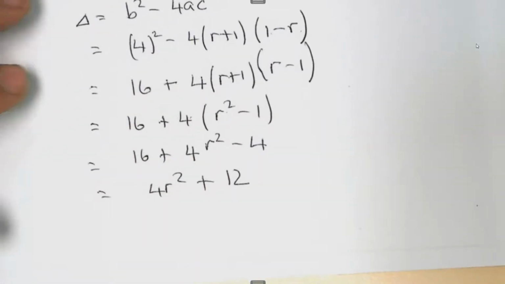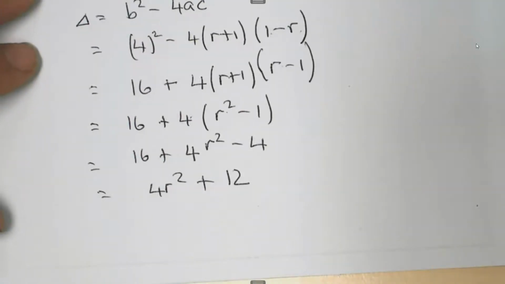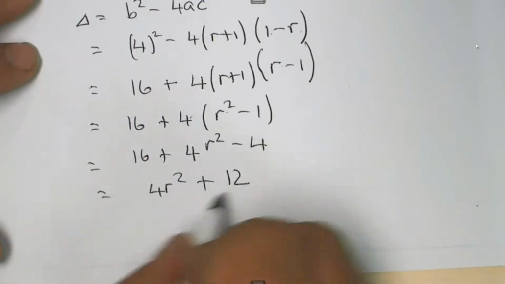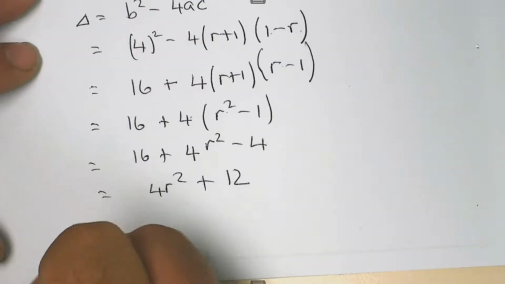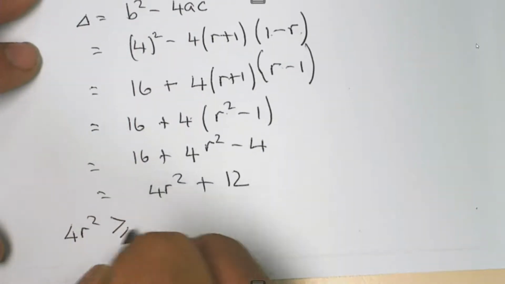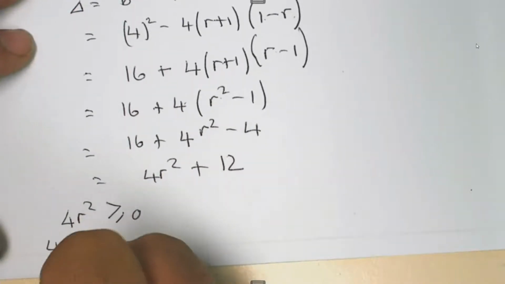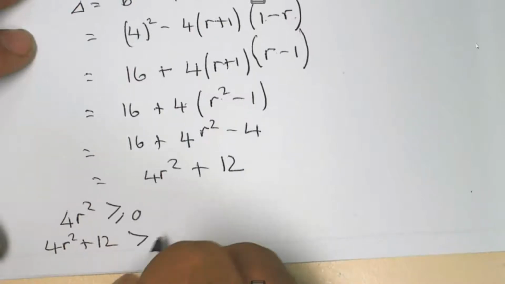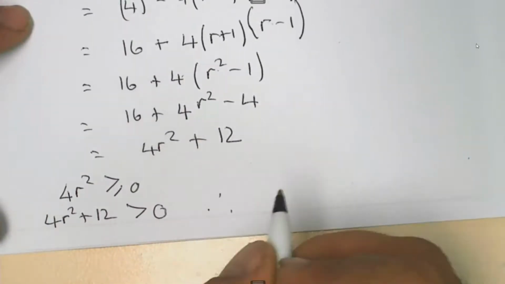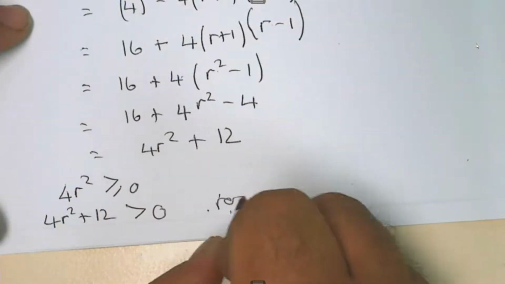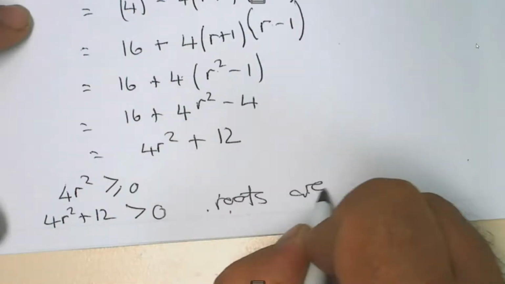Now, when will it be real? If delta is greater or equal to 0. So now we can say that 4r squared is greater or equal to 0. So 4r squared plus 12 is greater than 0. Therefore, the roots are real.